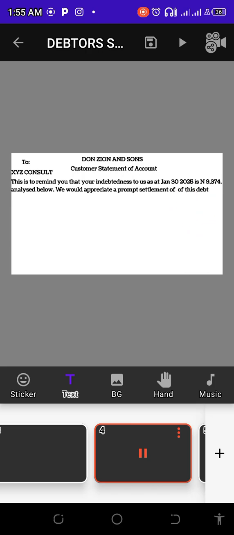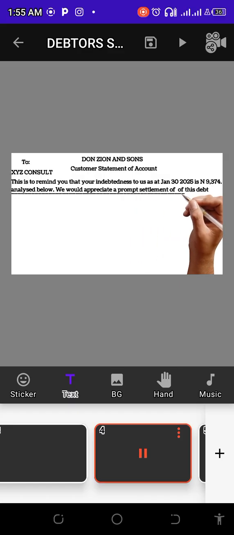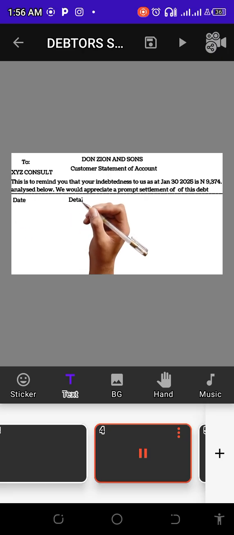We will appreciate a prompt settlement of these debts. These notes or this information is reminding XYZ Consult that they are owing as at the 30th of January 2025 that their standing balance they are owing is 9,374 naira.